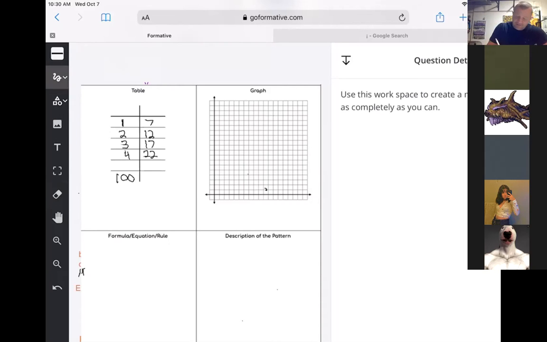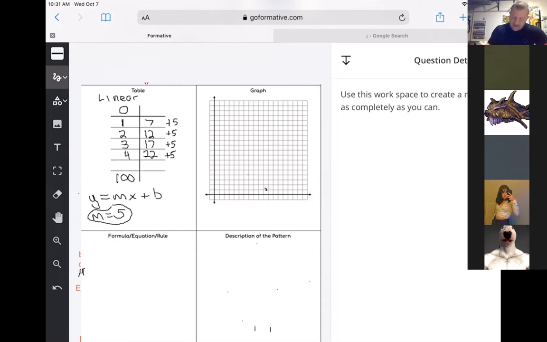So for the explicit formula, first of all, is this linear or exponential? It's linear because it's adding 5, right? So that means it must be y equals mx plus b, where m is 5. What's b?